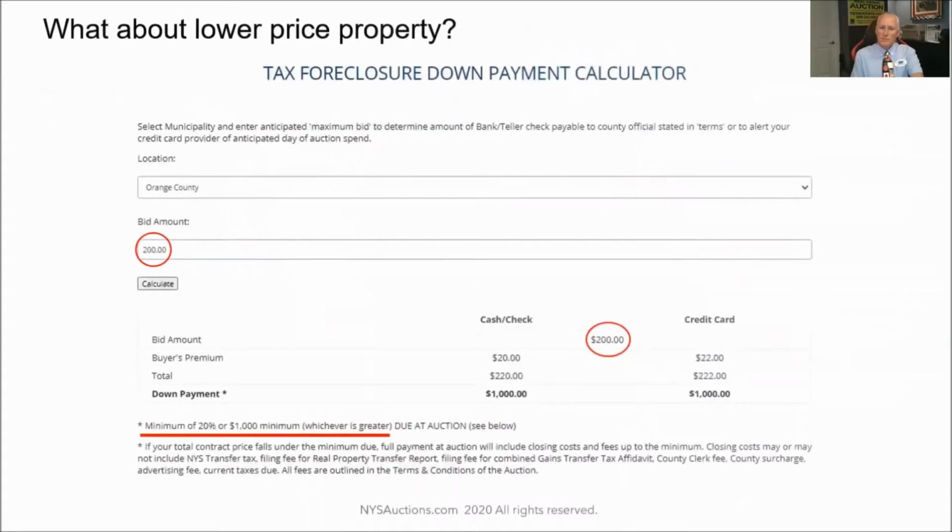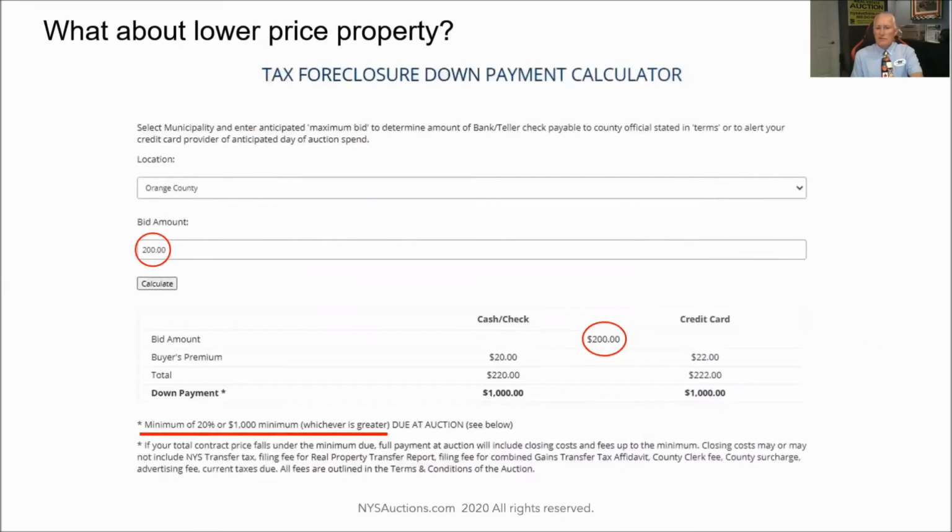For lower priced properties, the calculator also identifies the de minimis bidding down payment amount. So for example, if you only bid $200 on a property, what are the down payment amounts? You can see that it still shows $1,000. Why is that? The minimum amount at this auction is either 20% of the contract price or $1,000, whichever is greater. So in this case, bidding 200 means that the 1,000 is greater.